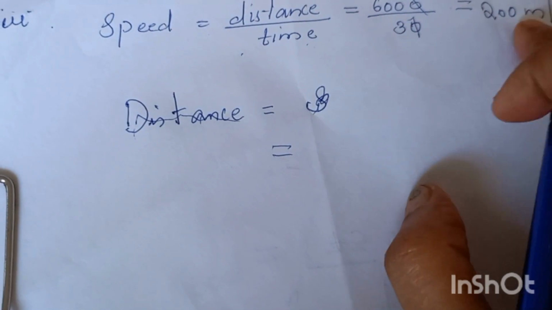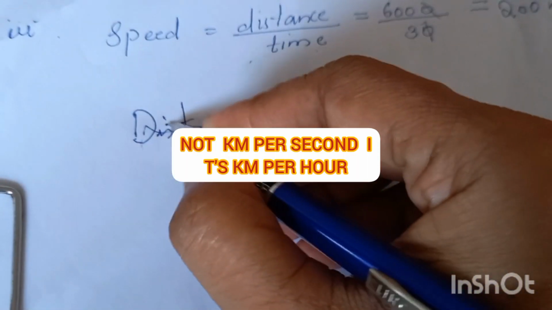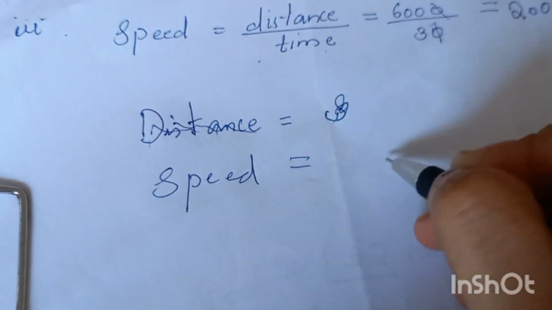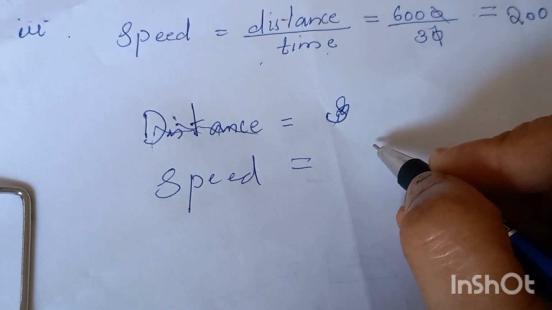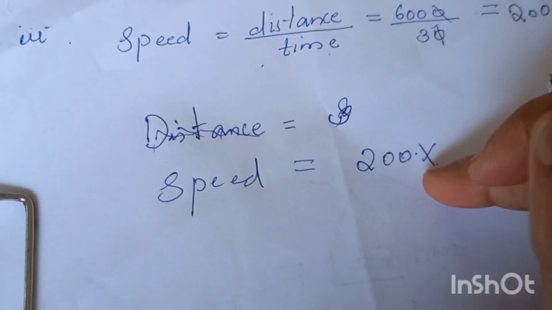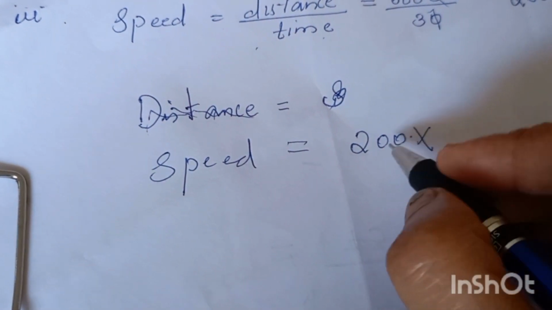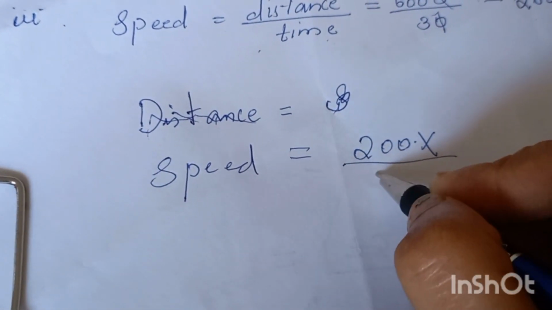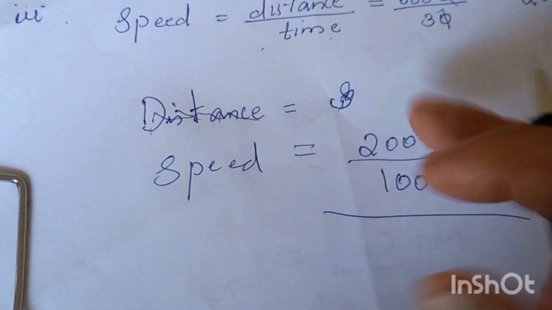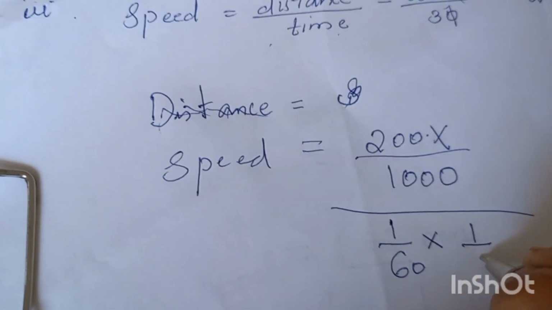We have to convert this meter per second into kilometer per hour. So speed is equal to 200 into 1000 whole divided by the time, 1 by 60 into 1 by 60.